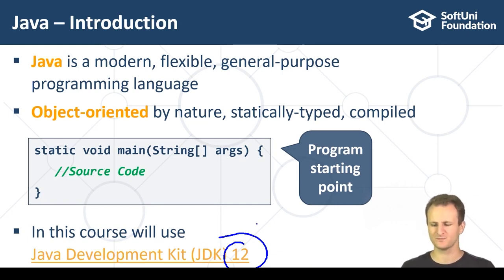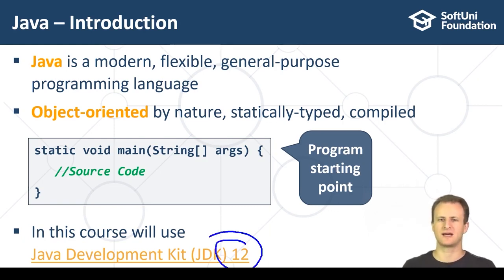That's because a lot of the code which we're going to be using is fundamental computer science concepts which have been implemented in Java since a long time ago. However, we will be using some new stuff like lambdas, for example, which are available in Java 8. So you will need at least Java 8 and preferably Java 12 so you can access all of the new functionality if you decide to use it, but we won't be requiring you to use it.